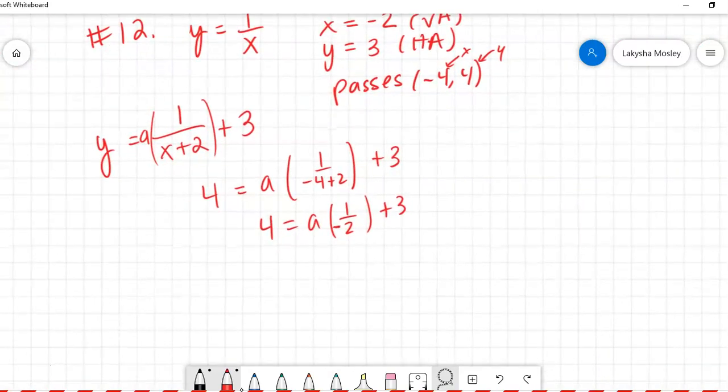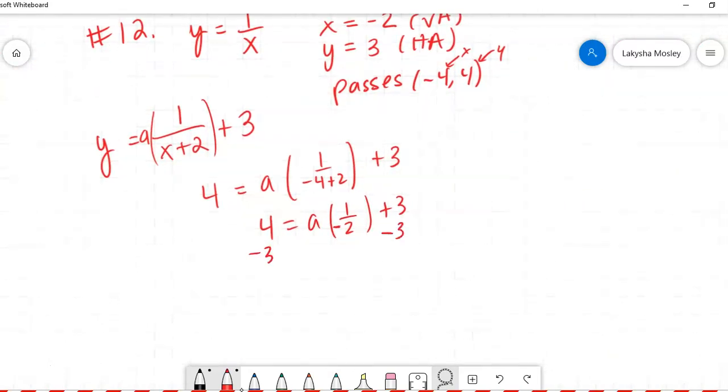So we're going to subtract that 3 over and get 1. So we have 1 is equal to negative 1/2 A. I'm going to multiply by negative 2 because I want a positive A. So this becomes A equals negative 2.